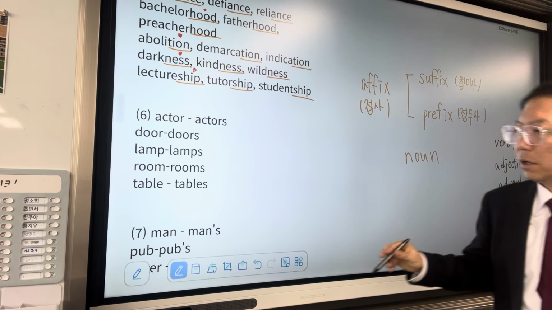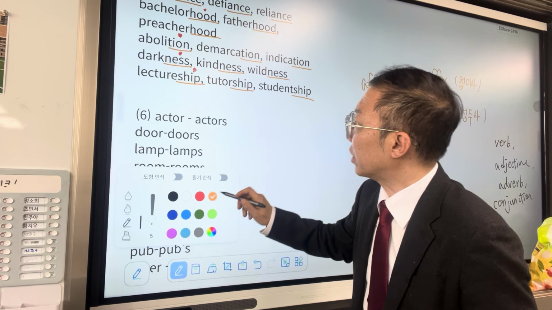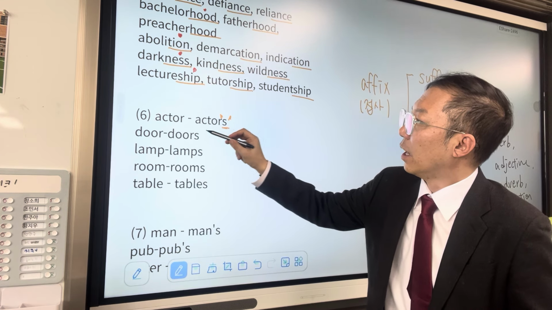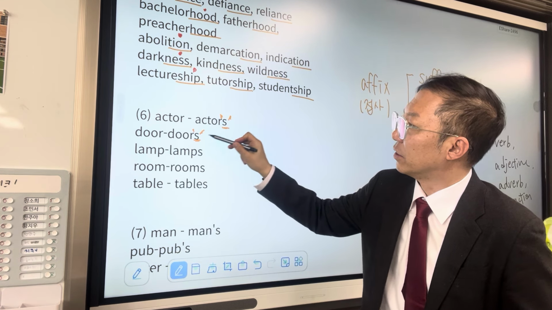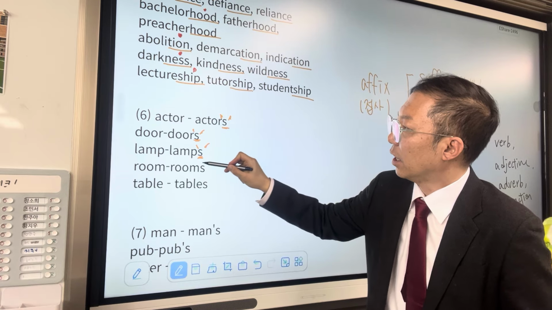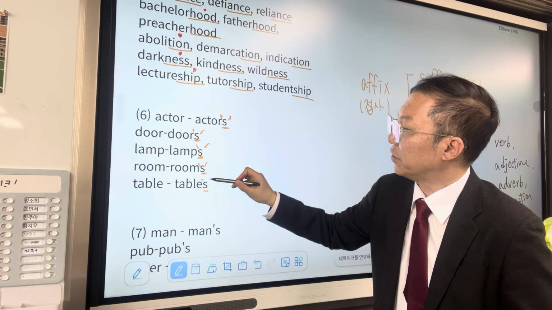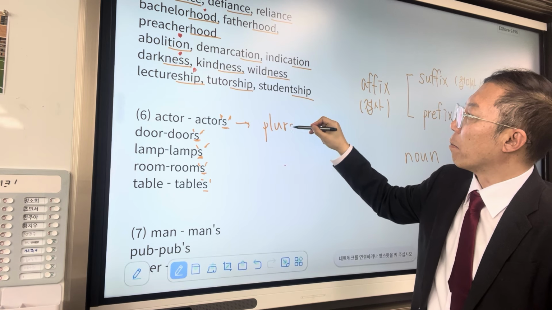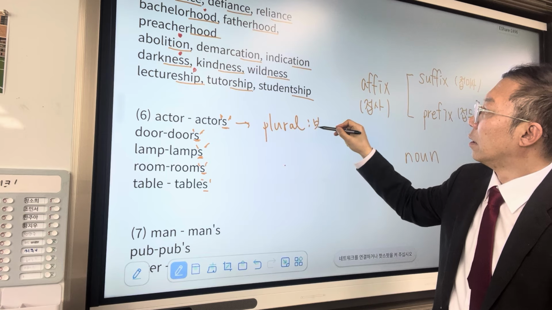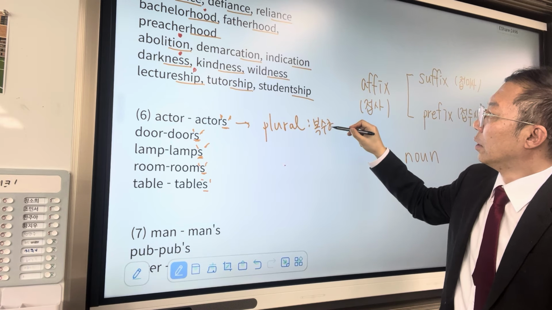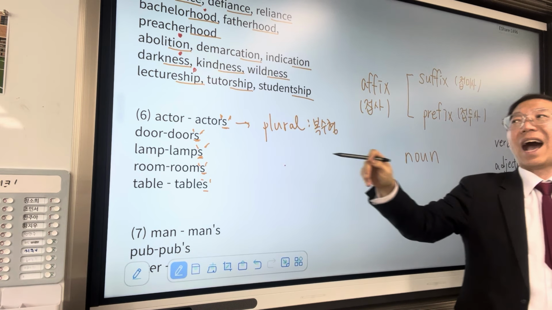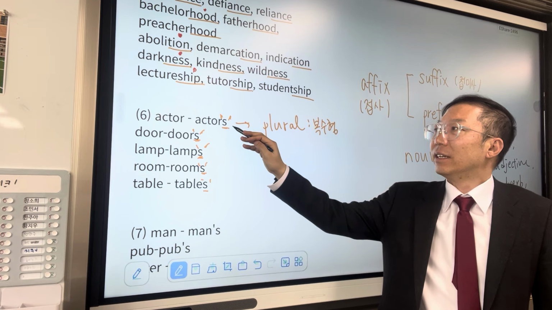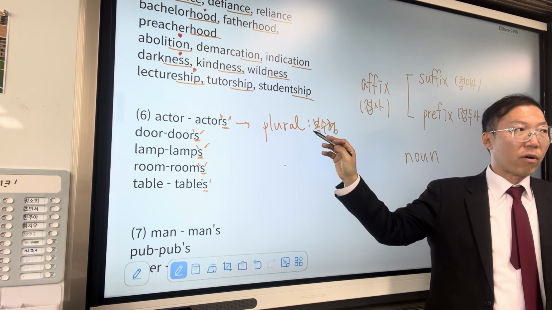So in case of 6, we have S endings. They symbolize a plural form. Only the noun class has S in order to symbolize a plural form.